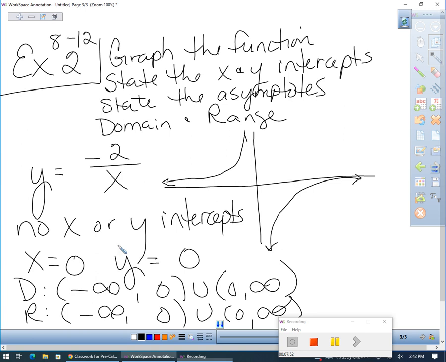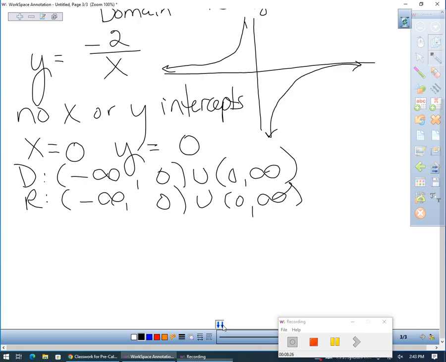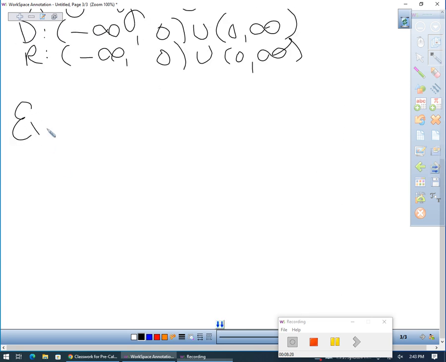Example number 3. On example number 3, we are covering 14 and 16. It's written kind of funny in the book, so I want to make sure I explain what it's asking.